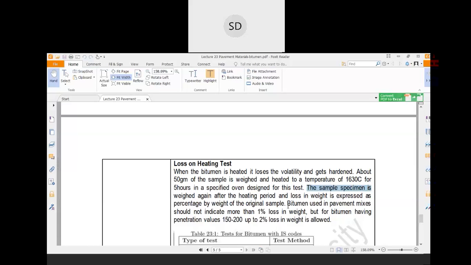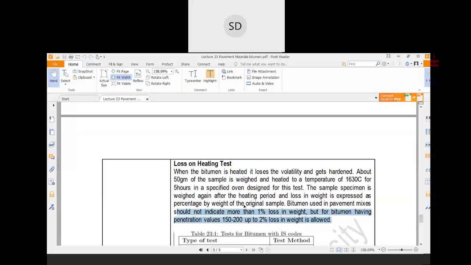After heating, you place it for cooling for 5 hours, and after that you find out the loss of weight of the bitumen, and generally it is expressed as a percentage. Bitumen used in pavement mixes should not indicate more than 1% loss in weight, but for bitumen having penetration values 150 to 200, up to 2% loss in weight is allowed.